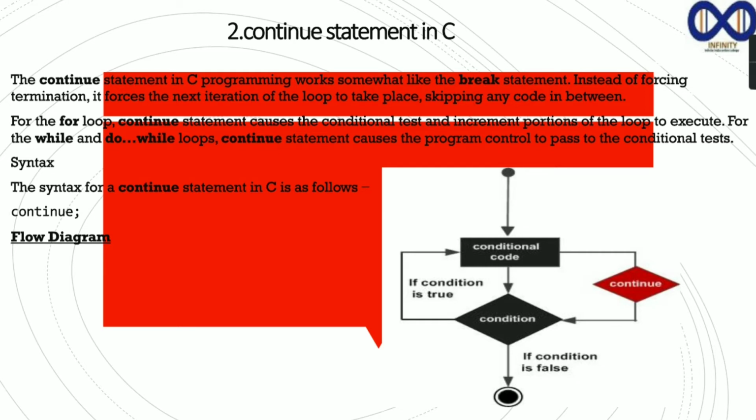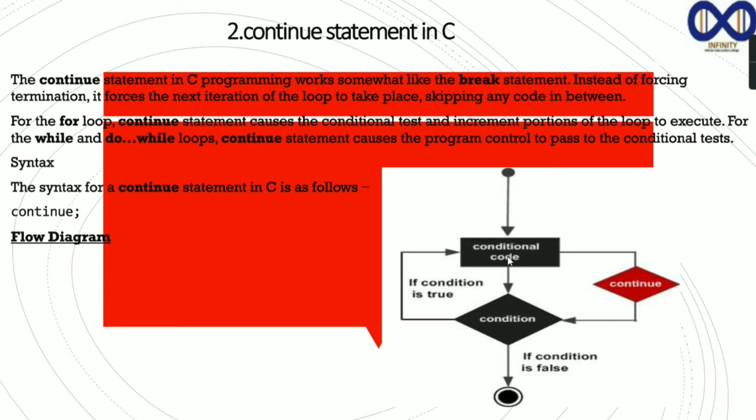This is the syntax of the continue statement in C. The syntax for the continue statement in C is as follows. Continue, and the process will continue with the condition. This is the flow diagram. The program starts and goes to the conditional code.